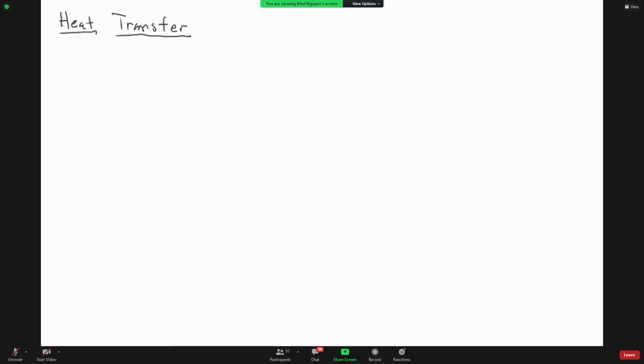Okay, first way is convection. This is currents. Heat is transferred from currents in the fluid medium, either through gas or liquid.